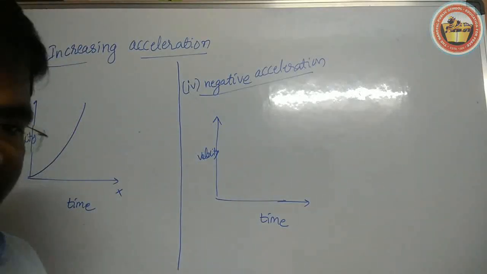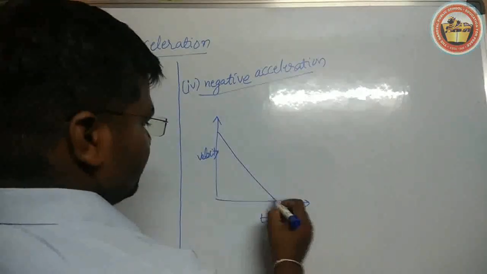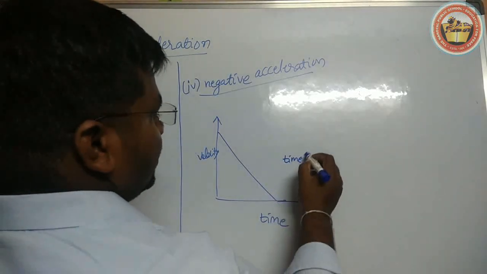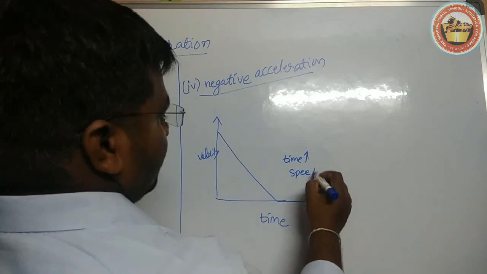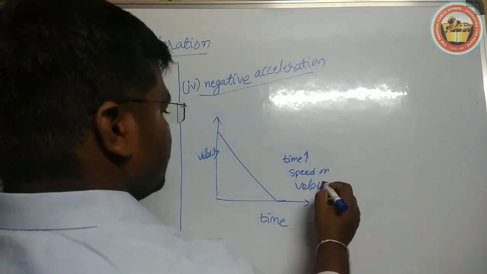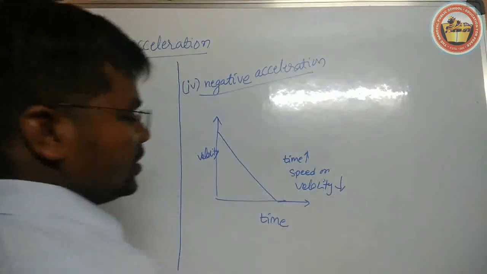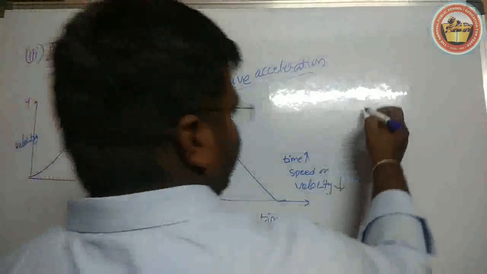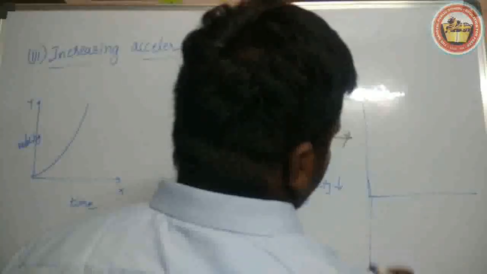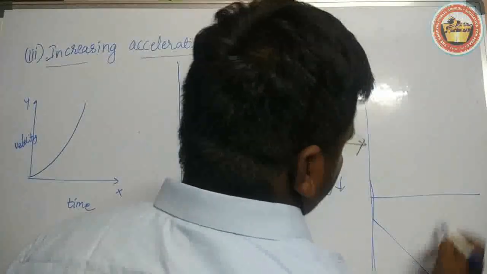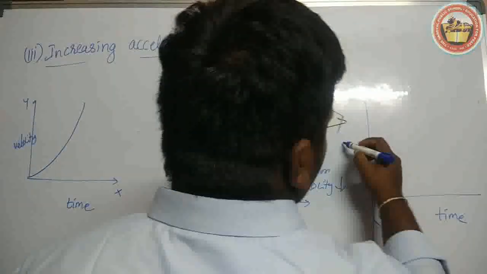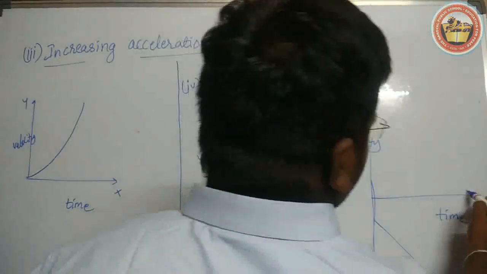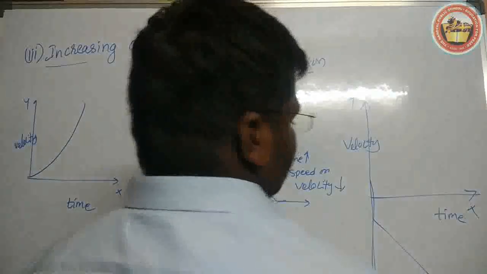If time increases, the speed or velocity decreases like this. Time increases, but speed or velocity decreases. This is the main reason. For negative acceleration graph, another one is there, like this. Time on the x-axis, velocity on the y-axis. Understand?